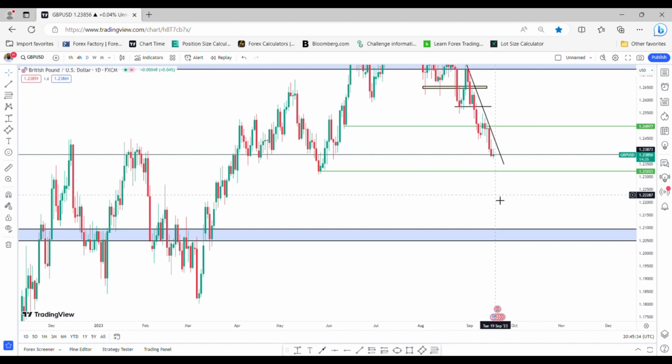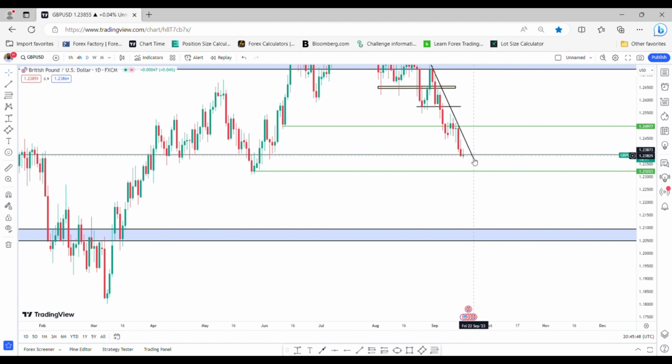I'll say that again. Once we break this major bone of contention, the 1.2387 region, the next target level is going to be 1.2099, because once we break this level and it becomes a resistance, the next target level is this blue bar.